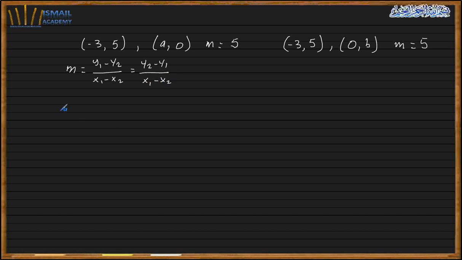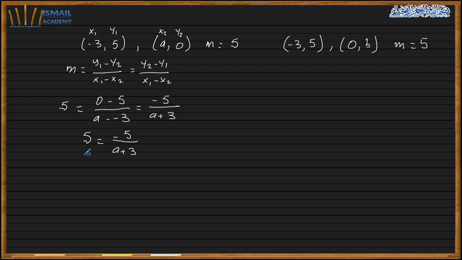So here I have 5 equal, this is my x1, y1, this is x2, y2, so it's going to be 0 minus 5 over a minus minus 3, which is minus 5 over a plus 3. So I have 5 equal minus 5 over a plus 3.